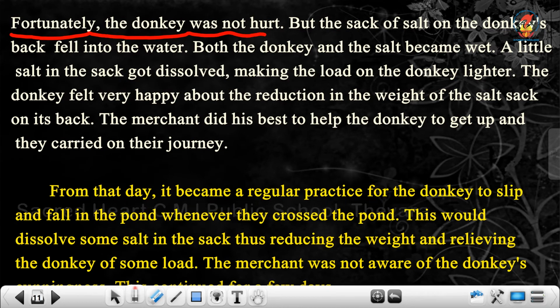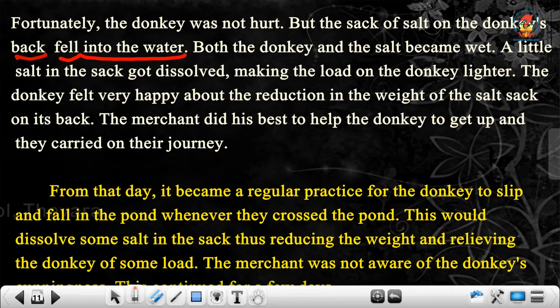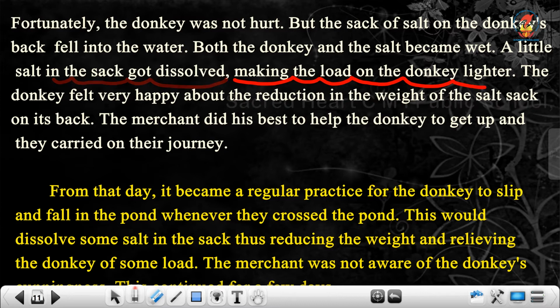Fortunately, the donkey was not hurt, but the sack of salt on the donkey's back fell into the water. Both the donkey and the salt became wet. A little salt in the sack got dissolved, making the load on the donkey lighter.